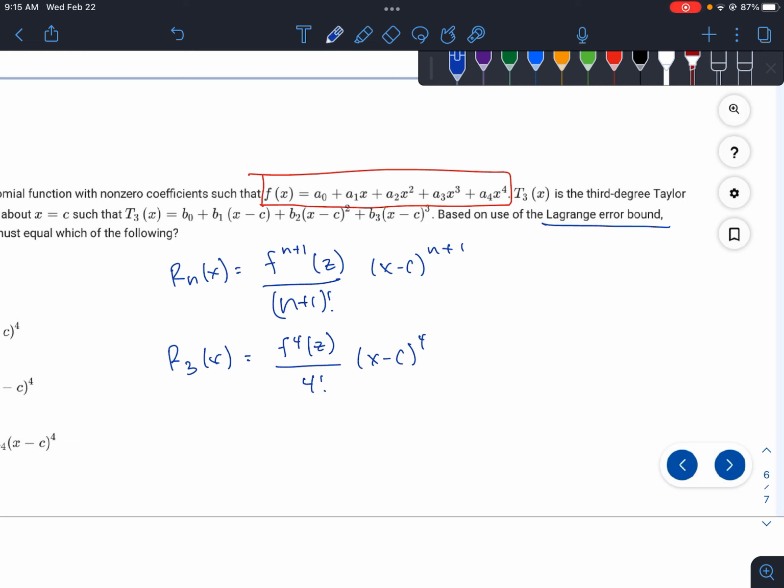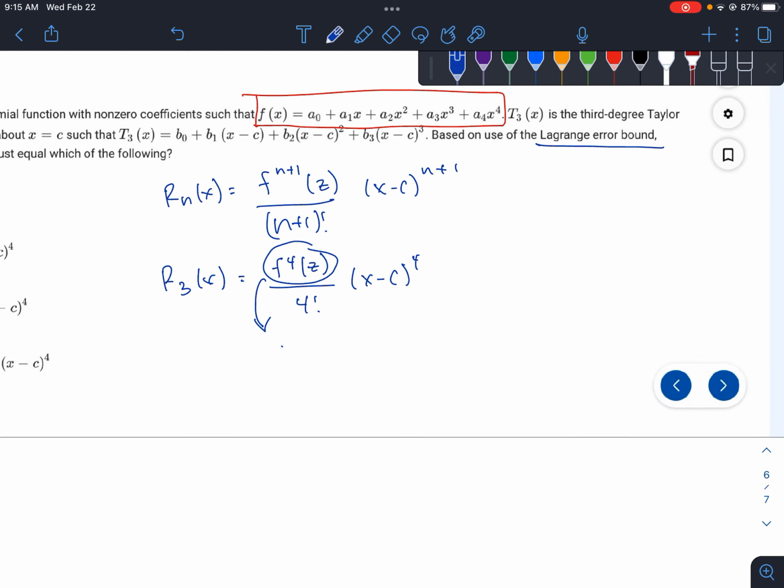So this derivative at z is actually going to be equal to 4 factorial times a sub 4, because it's to the 0 power and I don't have to plug in z. This is going to be equal to the fourth derivative of the function, but there's no need to plug in z.